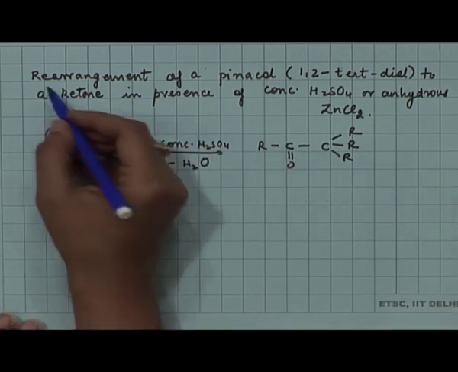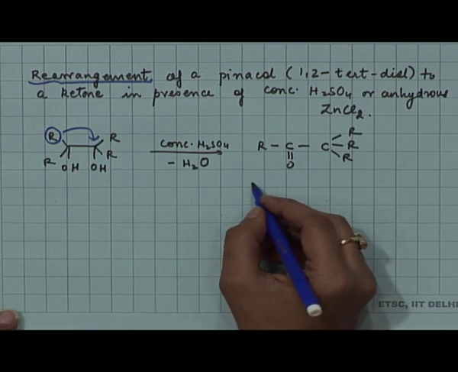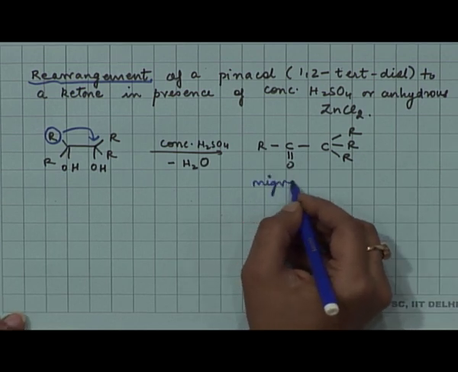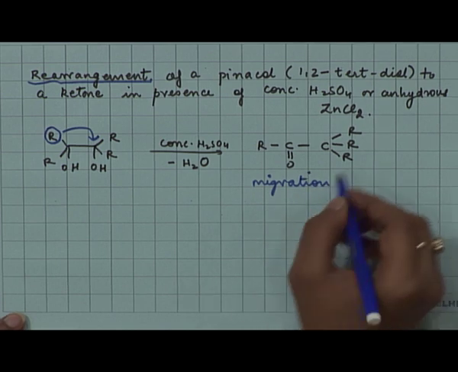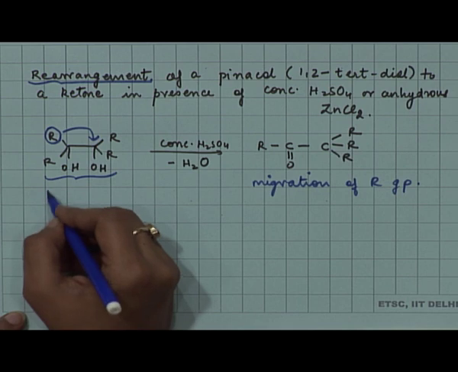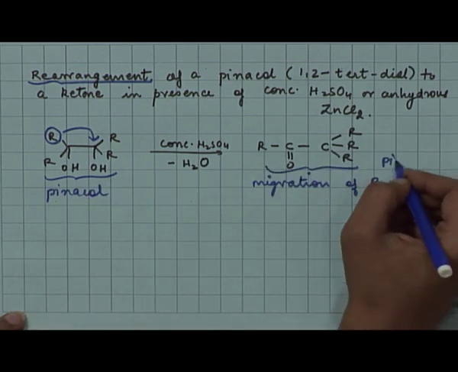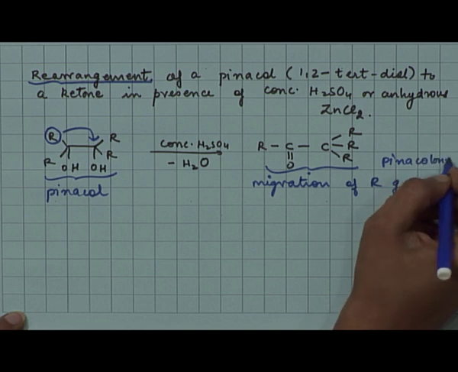So, this is called a rearrangement. Whenever we talk about rearrangement, it implies that it involves a migration of something. So, there is a migration of alkyl group to convert a pinacol to this ketone, which is called a pinacolone.